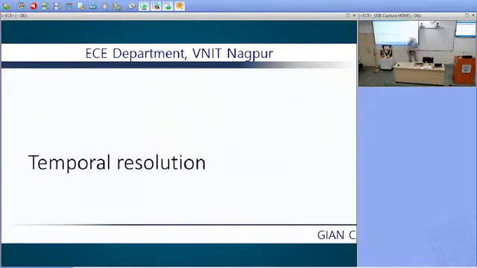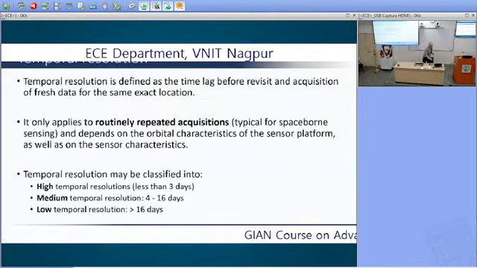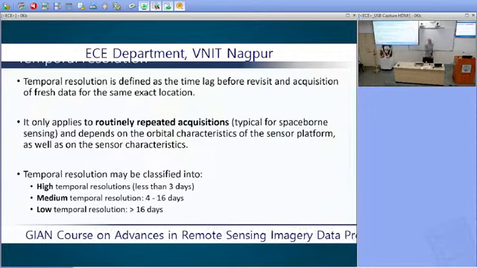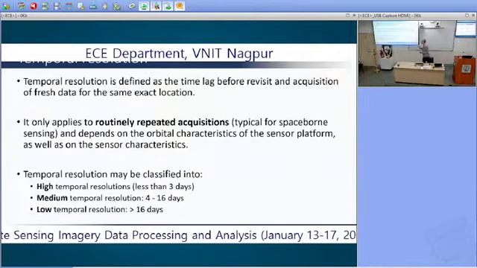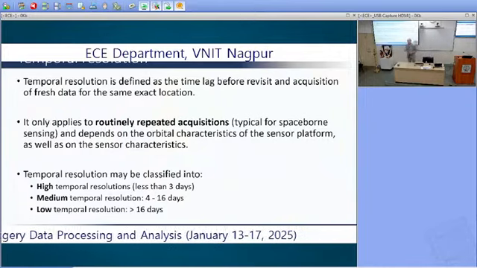I think for you it may be more interesting to think of temporal resolution, because in the domain of spaceborne remote sensing, you use platforms which are in orbital motion.